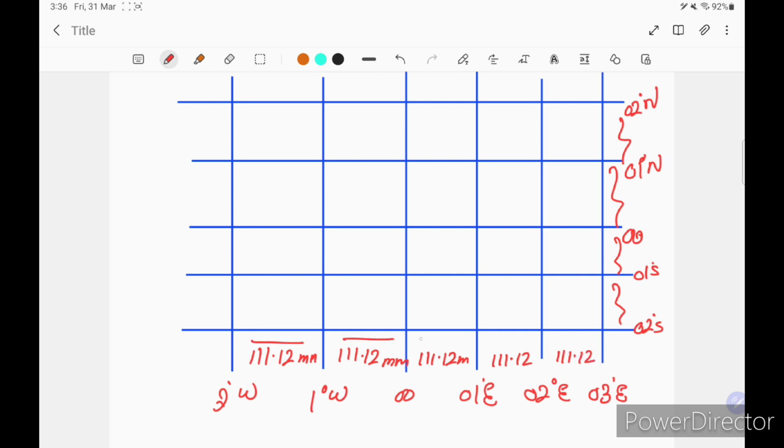But make this distance interval what? 2.778. Because we convert in this scale now, so 2.778 is the distance, and for latitude it is 2.759.